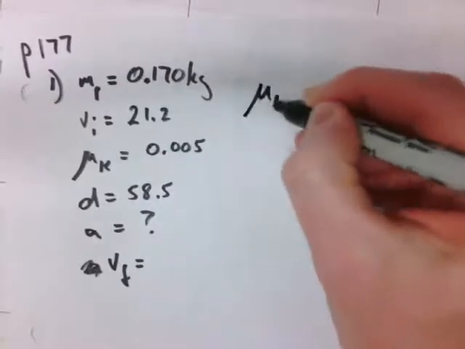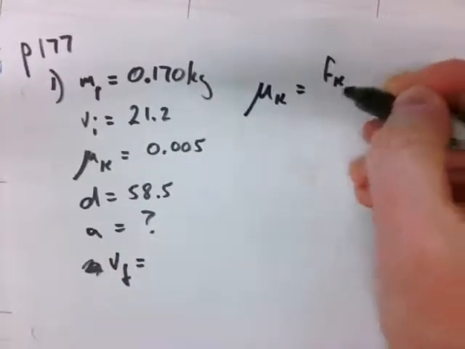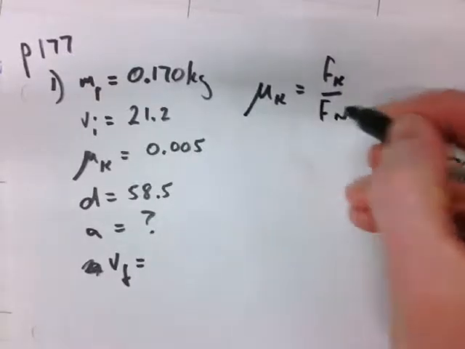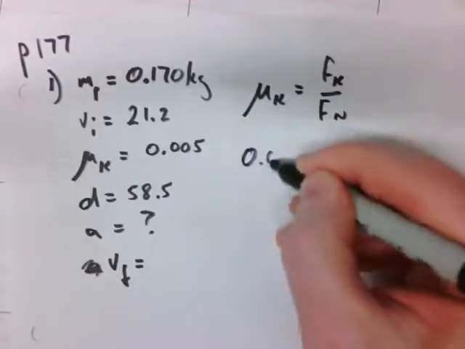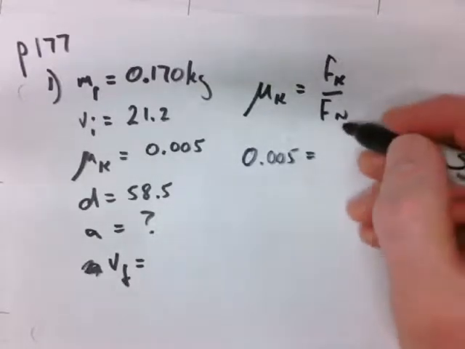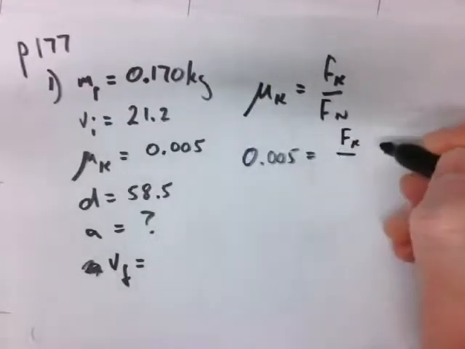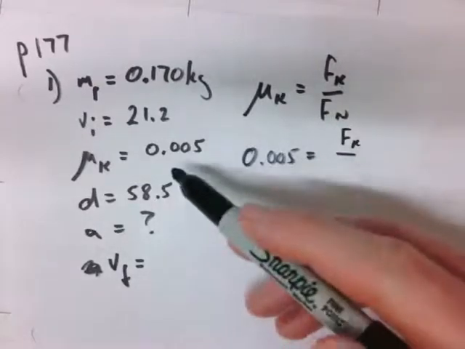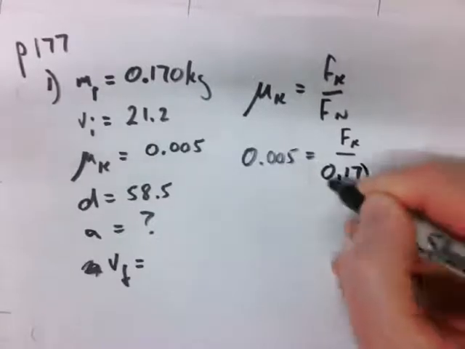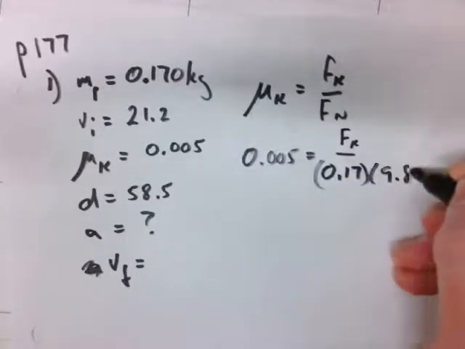So mu K equals Fk, force of friction, over normal force. Mu K, 0.005. Fk, we don't know that, so we're solving for it. Fn is the mass of the puck, which is 0.17, times 9.8.